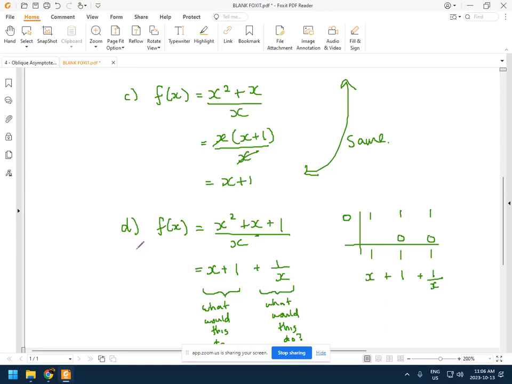But let's talk end behavior. When we get way far, not in the center where there's the action, but when we get way far, 1,000. 1,000 plus 1 is? 1,001. 1,000 plus 1 plus 1 over 1,000 is? 1,001.001.